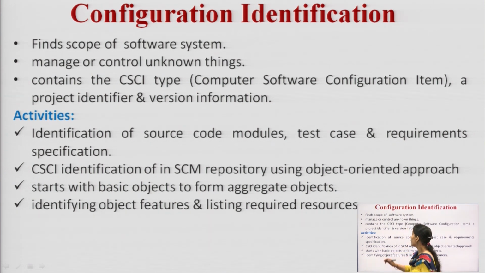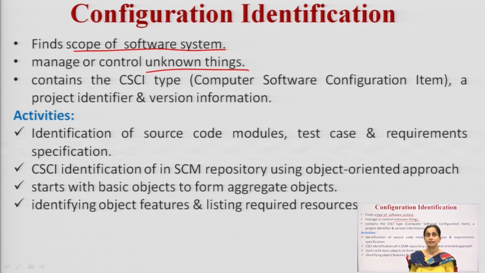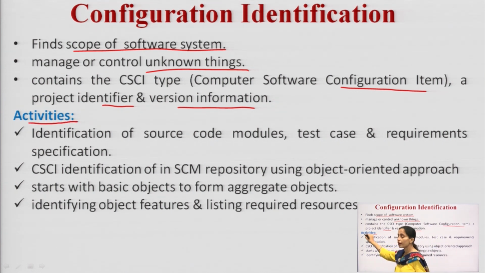This is where we find the scope of the software system. It manages or controls the things that are not known, and it contains the CSCI type, meaning computer software configuration items, the project identifier, and the version information, all the information related to the software product. Now, what are the different activities involved in configuration identification?